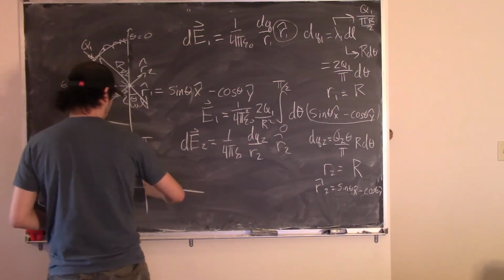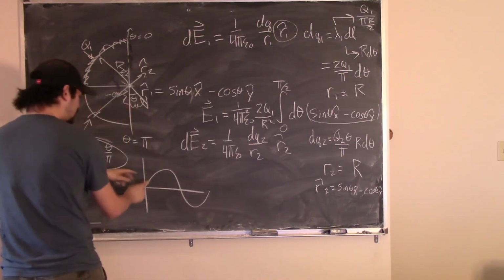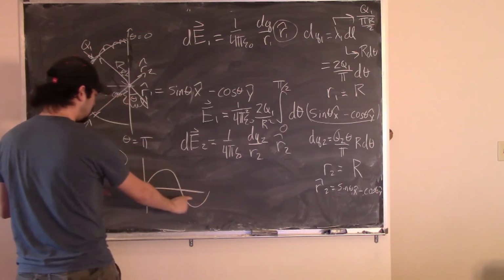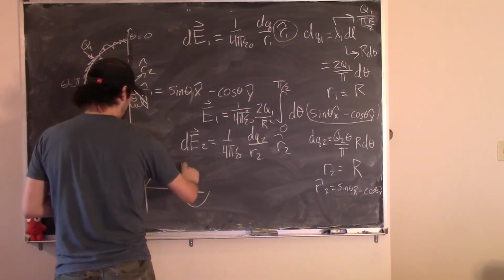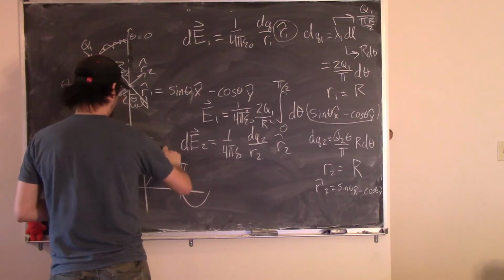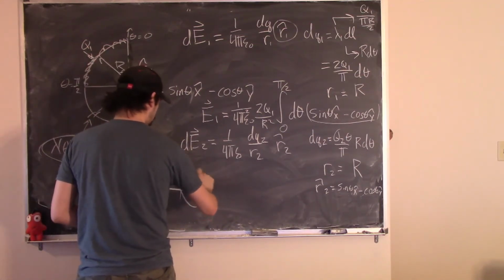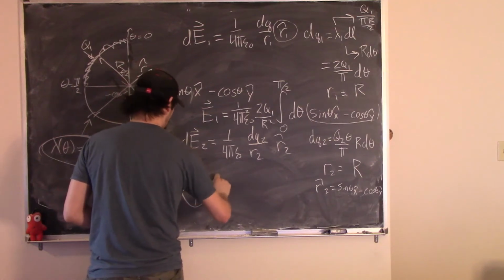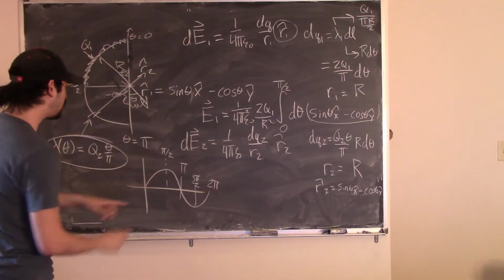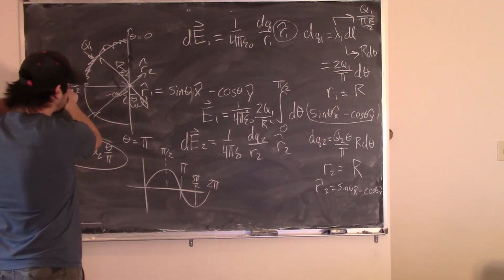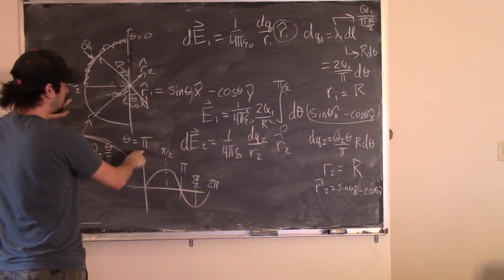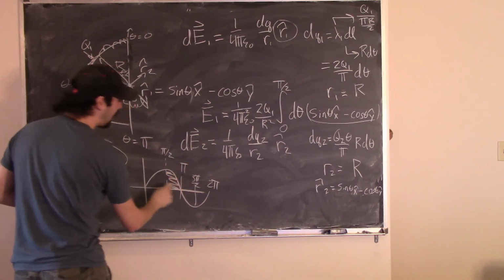So if I plot sine of theta, this is sine of theta over one period, and so this is going to be pi here. This is pi over 2, this is 3 pi over 2, and this is 2 pi. So in the region between theta equal to pi over 2 and theta equal to pi, sine of theta is positive.